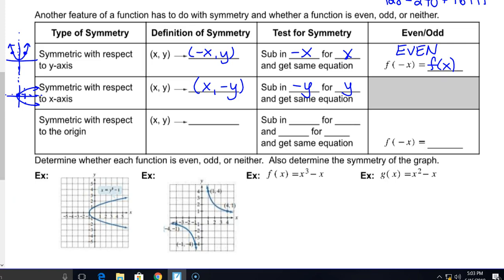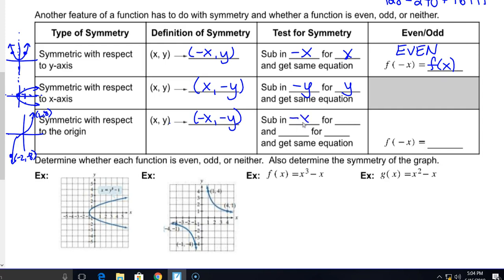Okay, now symmetric with respect to the origin. The best one I can show you is y equaling x cubed, which is symmetric over the origin. If I have, say, this point 2, 8, then this point over here, -2, -8, also works. So if x, y is a point, then -x, -y is going to be a point on that graph.